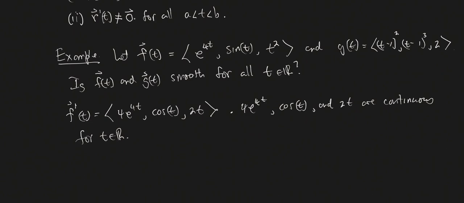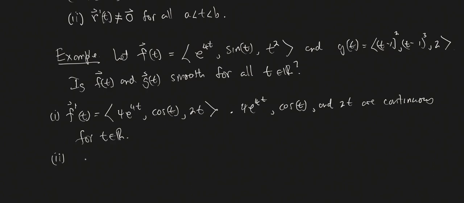The next requirement, the way you interpret this, is that there is no value of t that, when you evaluate the derivative, gives you the zero vector. So let's say you go to check the second property.